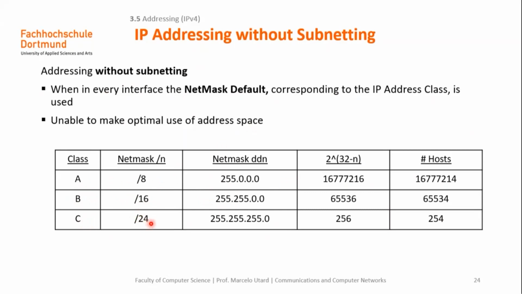That means that in class C networks we could assign 254 hosts, and in class B 64K addresses, and in A 2 to the 24 minus 2 hosts.